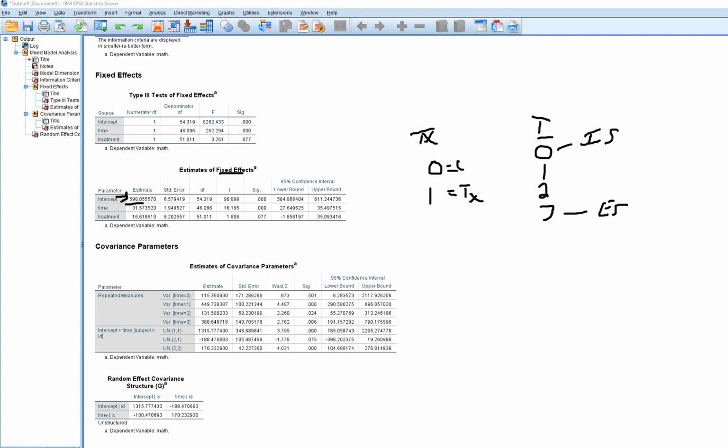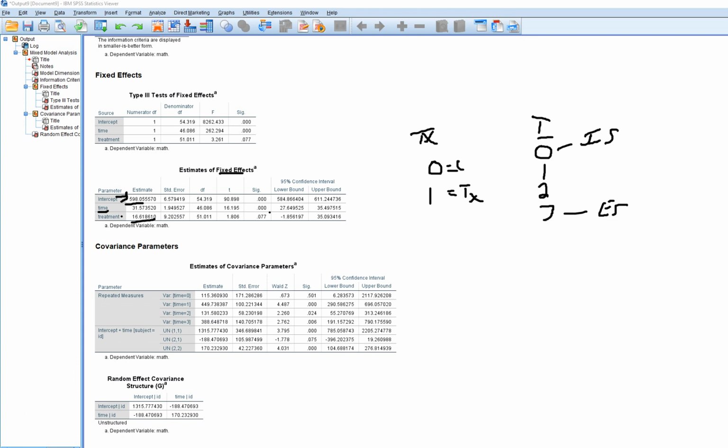The treatment variable captures the difference in means at the initial status between the control and treatment groups. You can see it was not significant at the conventional 0.05 level, which is what you would expect if the students were randomly assigned to the two conditions. Presumably at the initial point, there would be no difference between the groups.